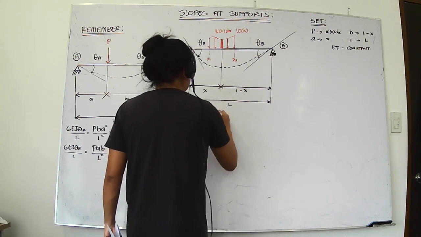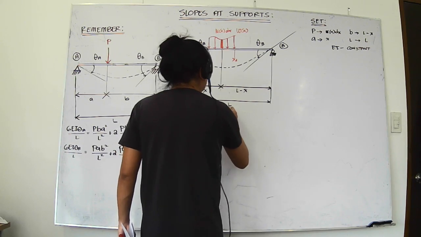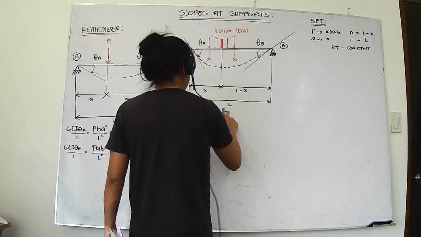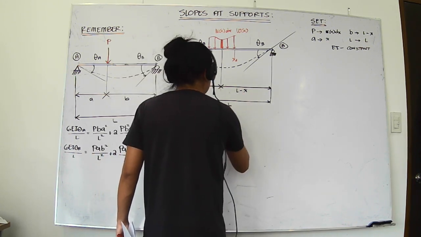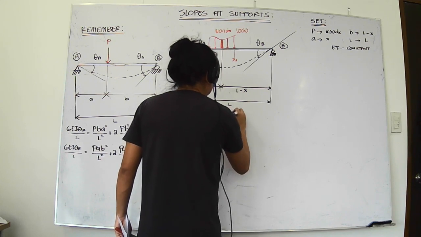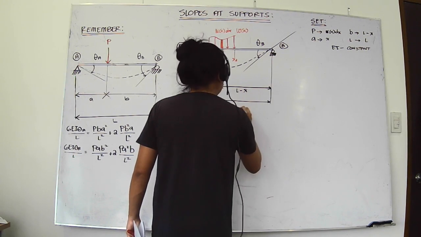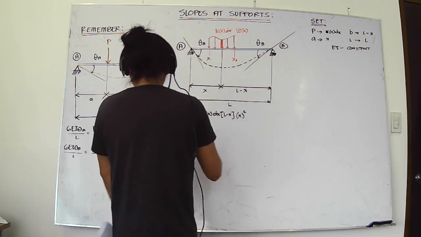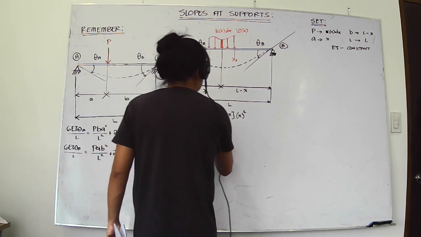Ito ako sa dx. A na to is equal to x, and b is L minus x. A squared din na to diri is x squared. Okay, and then kung lang dayon L squared.